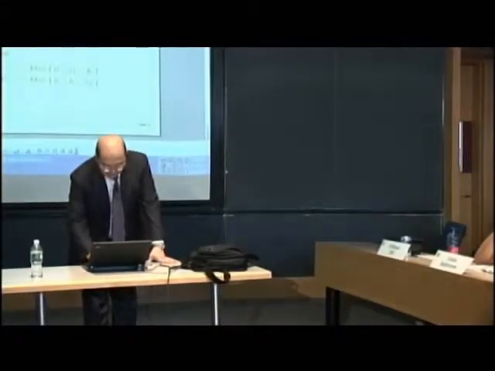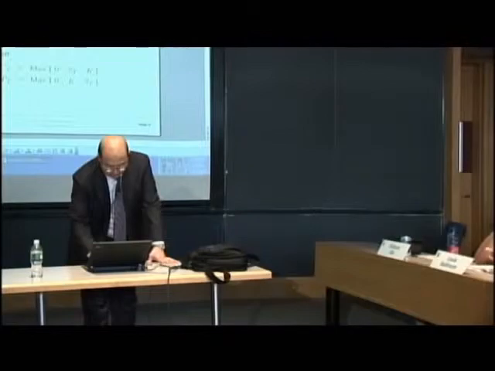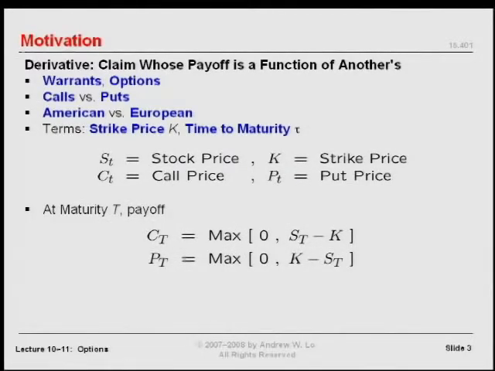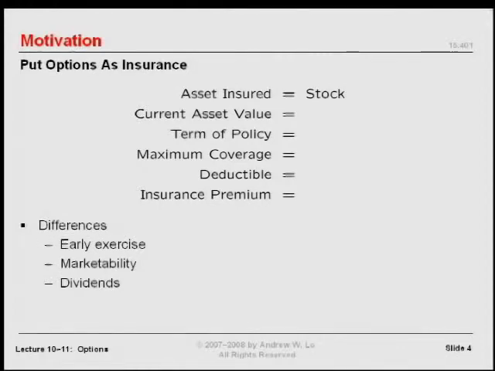So last time, if you recall, we talked about options as insurance, and we went through a very simple set of examples where I described a put option as being parallel to insurance. The differences are that a put option can be used early, so you don't have to wait until you have an accident or until it expires.